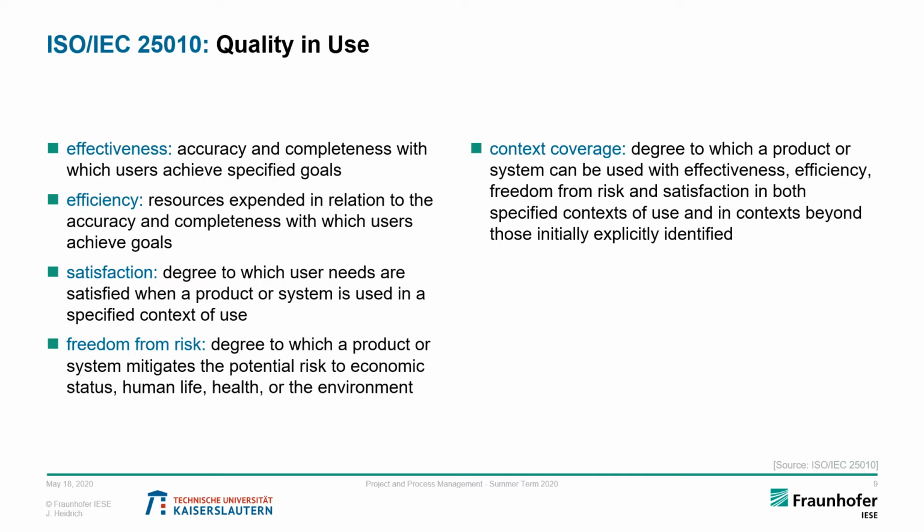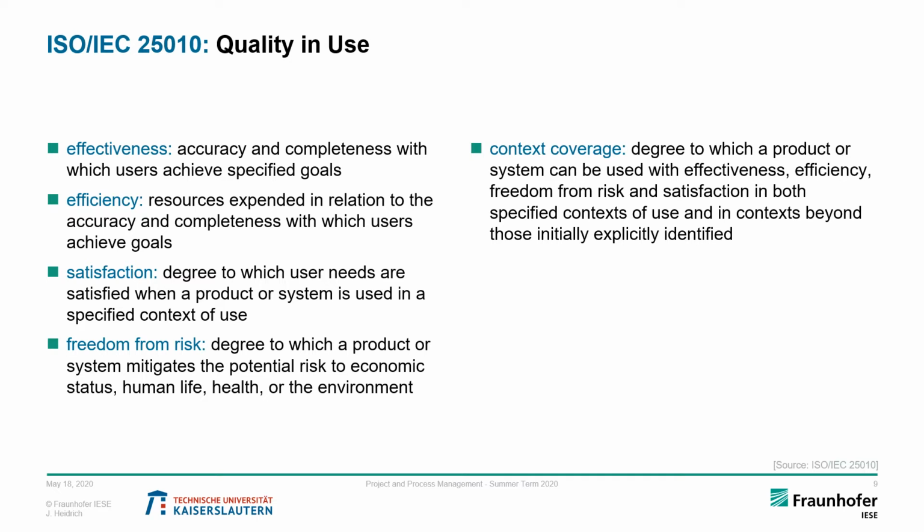Then the context coverage, finally, the degree to which a product or system can be used with effectiveness, efficiency, freedom from risk, and satisfaction in both specified context of use and in contexts beyond those initially explicitly identified. So this is basically how well the usage context is covered, the intended usage context, and things that go beyond this extended usage context.